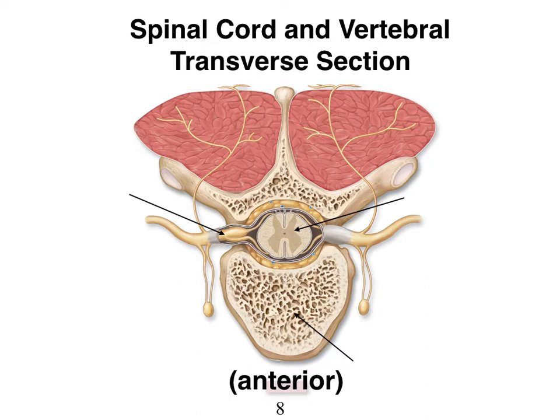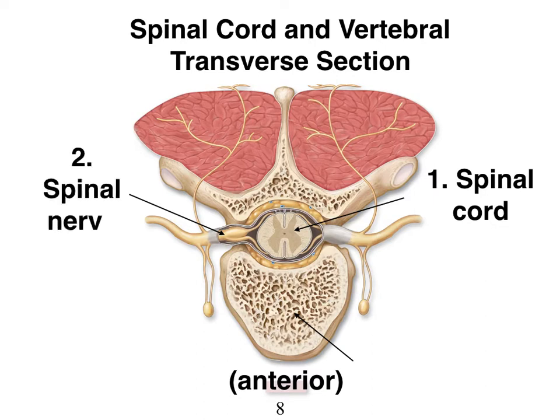In the very middle of this picture, the tan, dark brown circle is the spinal cord at the very center. It's within the vertebral foramen. Coming out of the sides of the vertebra are spinal nerves. You can see on the anterior the large heart-shaped vertebral body.